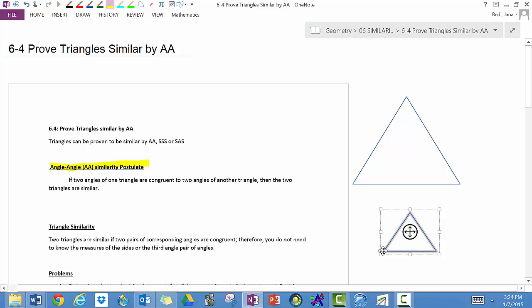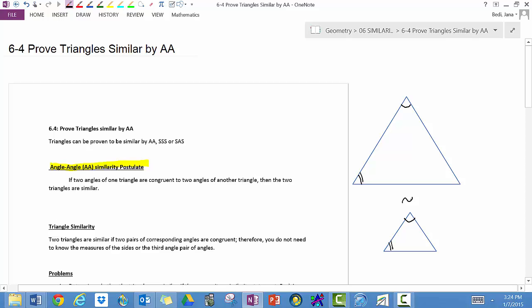You'll notice that the two triangles have the same shape. Actually, their angles are congruent, so I'm going to mark that this angle is congruent to this one, and this angle is congruent to this one. What we are saying is, if two angles of one triangle are congruent to two angles of another, then the two triangles are similar. So these two triangles are similar.